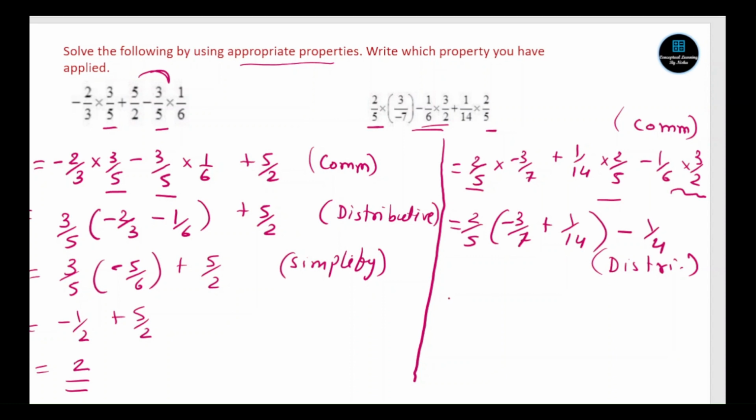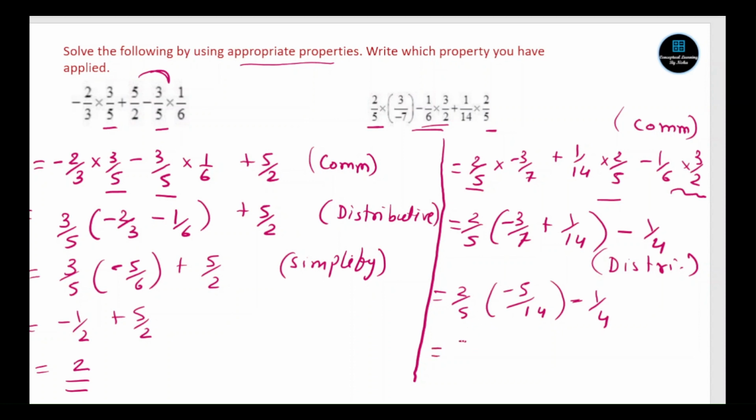Write the whole property. Okay. Now what do we get? 2 over 5. If I take the LCM and simplify, I'll get minus 6 plus 1, which is minus 5. So negative 5 over 14. And here I'll get negative 1/4. Then if we simplify this again, 5 will get cancelled out.